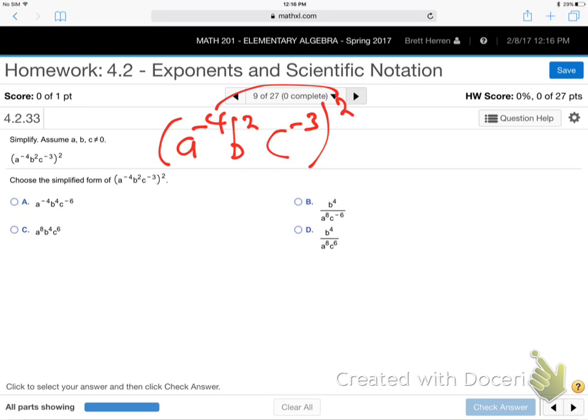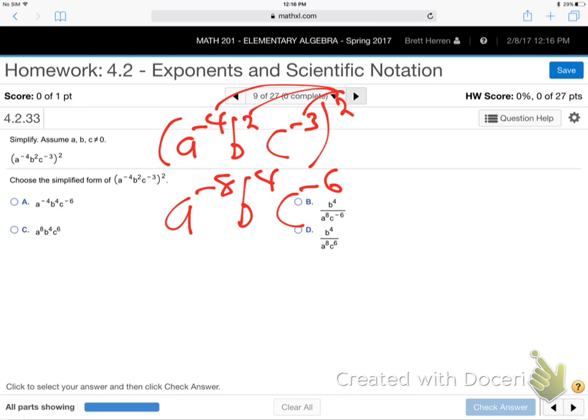That 2 is going to go boom, boom, boom, right? Get A to the minus 8, B to the 4, C to the minus 6. So far, so good? And by the way, have you noticed parentheses always drop off whenever something from the outside goes in? That's when you drop the parentheses, right? So parentheses are gone.